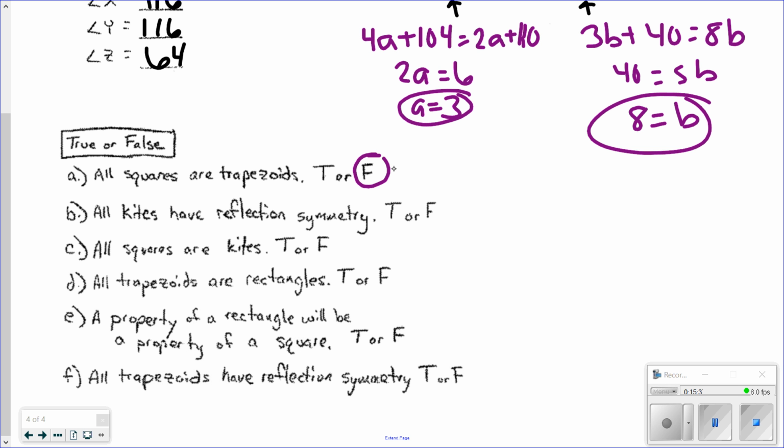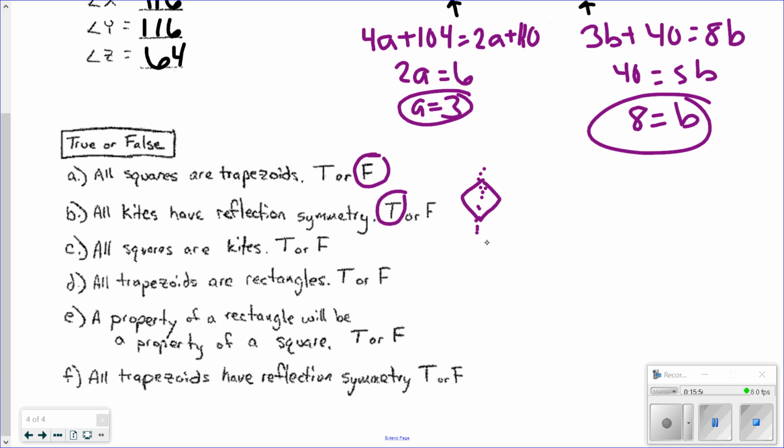B, all kites have reflection symmetry. That is true. If you draw out a kite, we know we have one reflection symmetry, which is down from the top to the bottom.